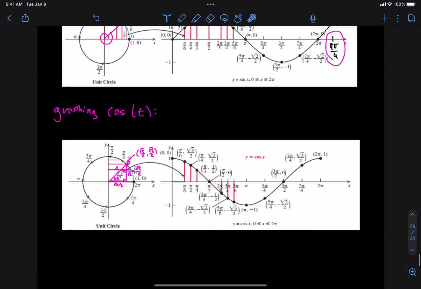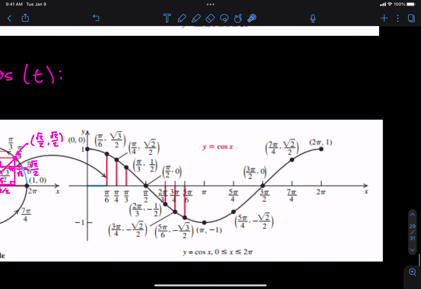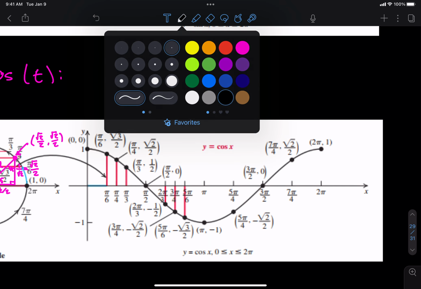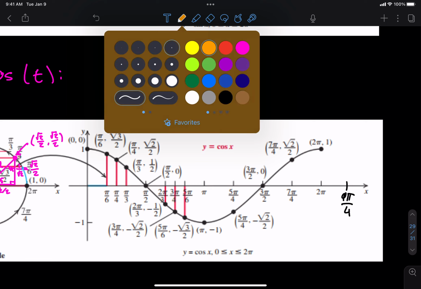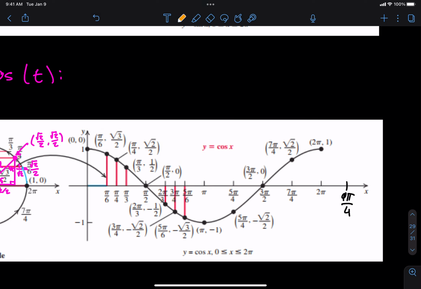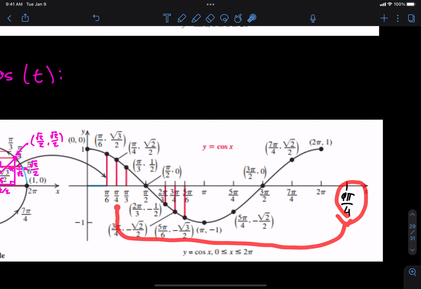Okay, and again, what is it going to be when I do 9 pi over 4? I'm not going to worry about it because I know that it should be the same as whatever the height was at 2 pi earlier. So what am I going to do?